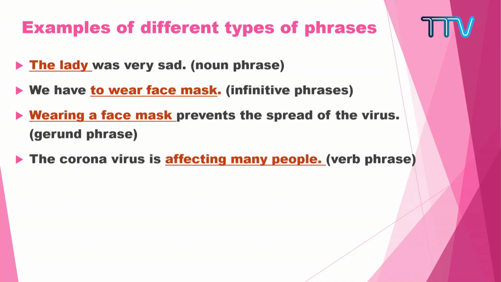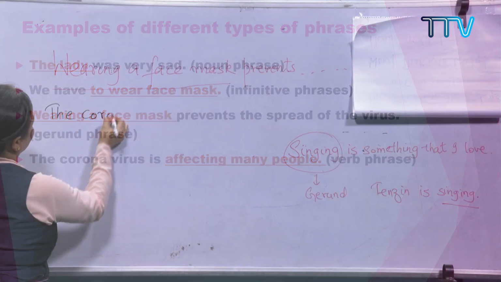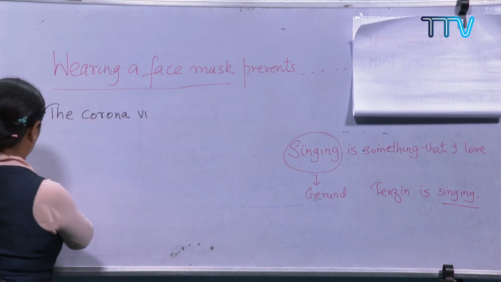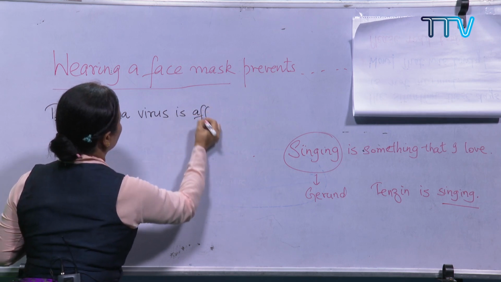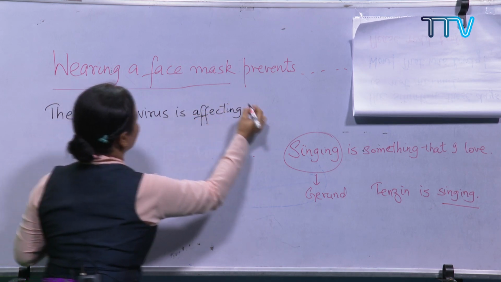Okay. The coronavirus is affecting many people. So here, the verb phrase is affecting many people.